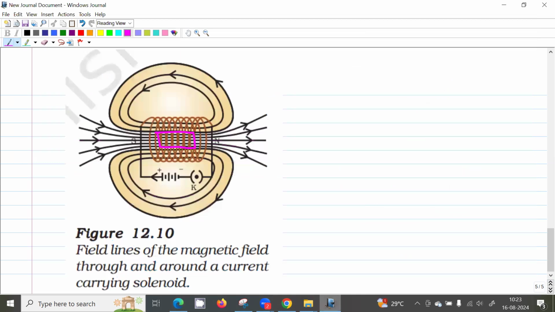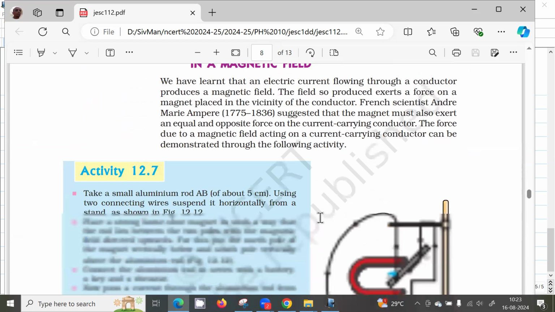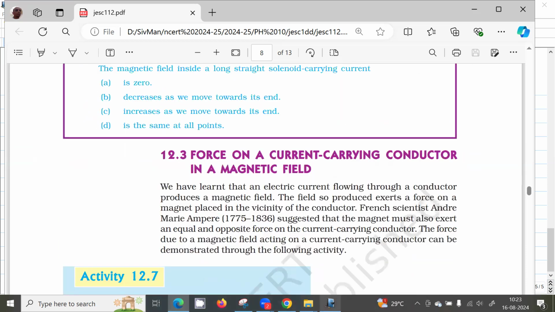That's what is done in transformers. In a transformer, you have one coil called the primary, in which you pass the current I1, and you have to use this input to produce the current I2 in the second coil.